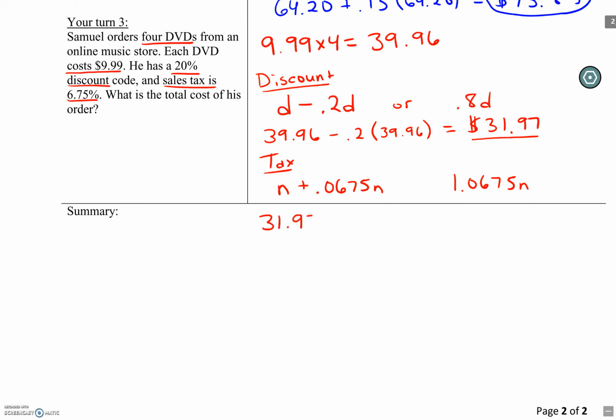So we have $31.97 plus 0.0675 times $31.97. And that gives you an answer of $34.13.